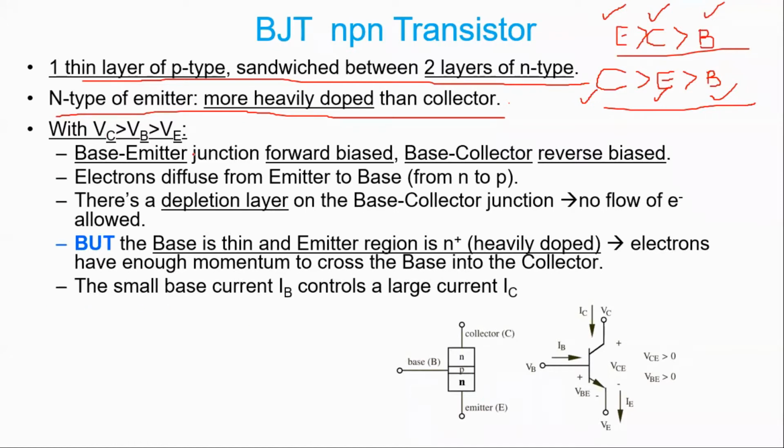Excuse me, sir, the point above this, can you tell once again which is greater? Sir, E is greater than C is greater than B. Doping: emitter is heavily doped.